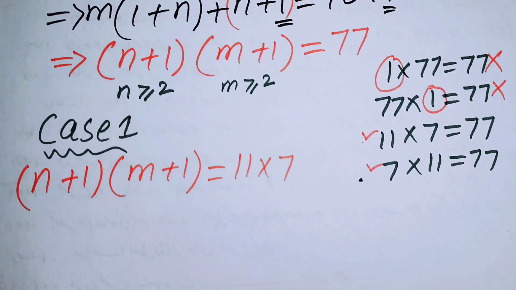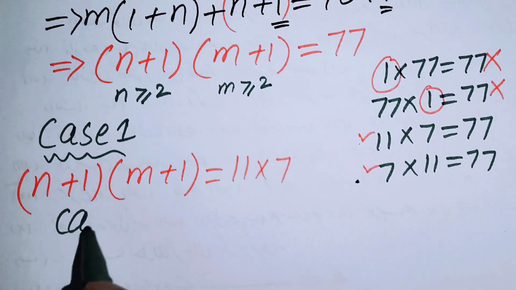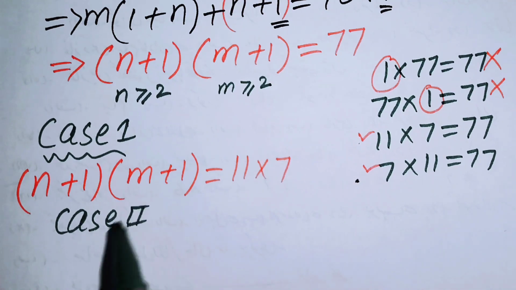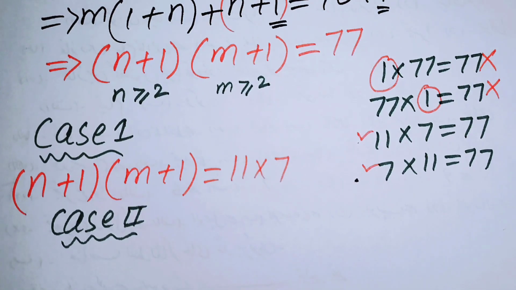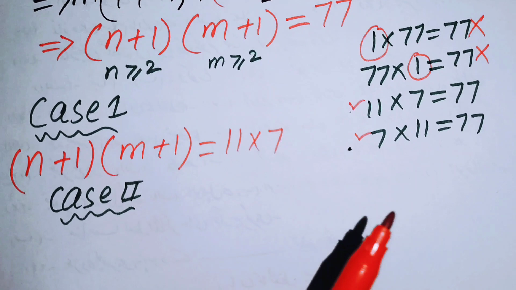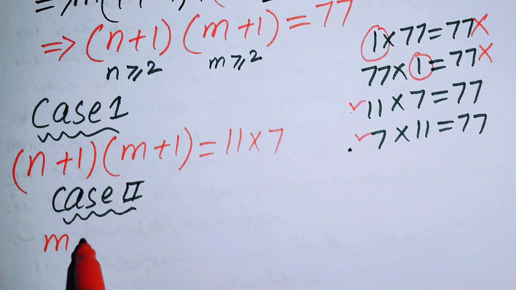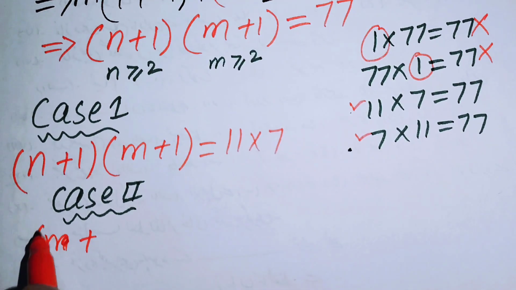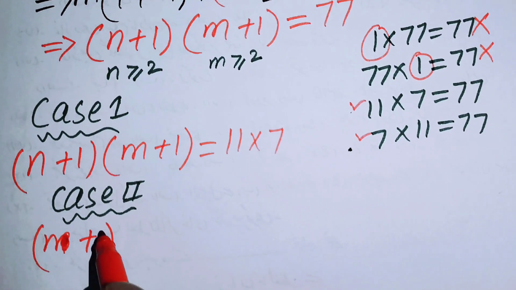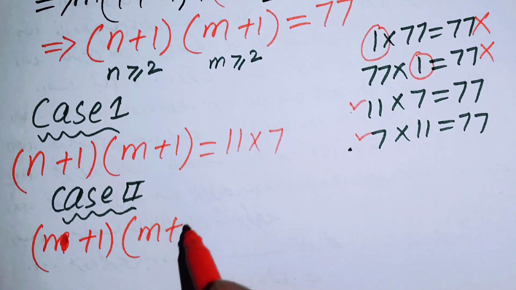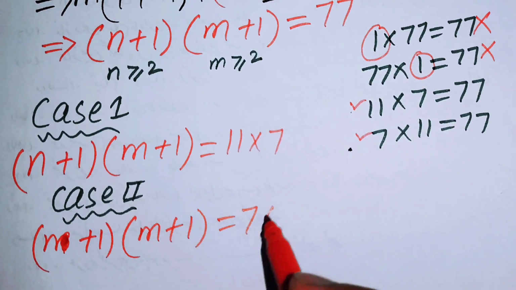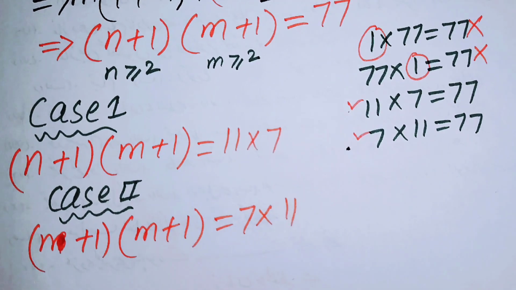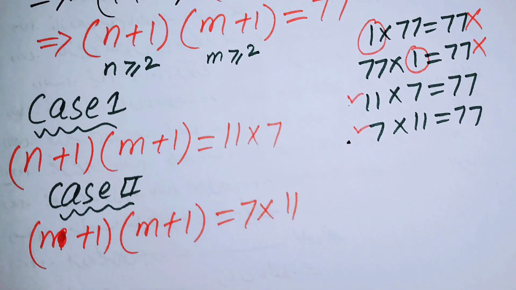And similarly I can write case number 2, where I just place (n+1)(m+1) equals 7 times 11. So here we have these two cases.